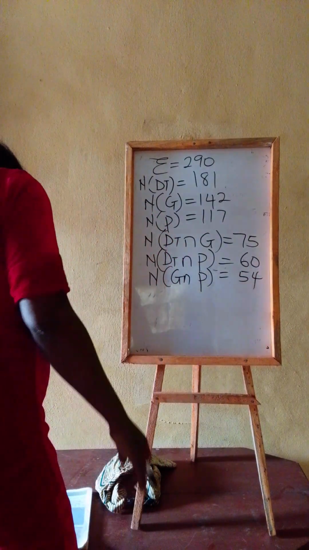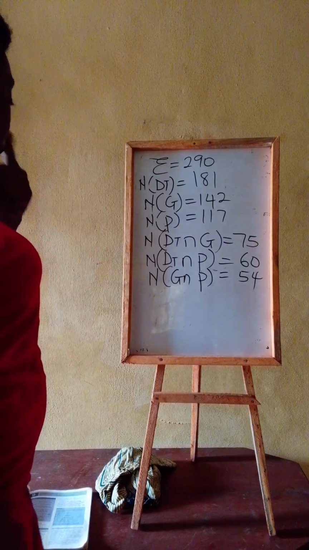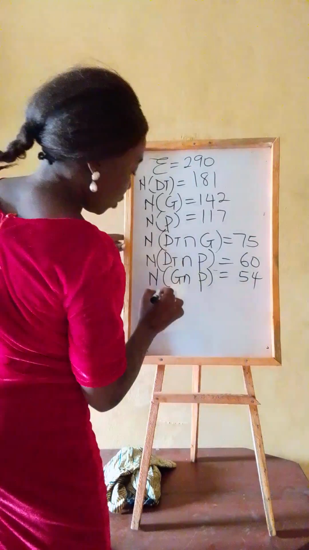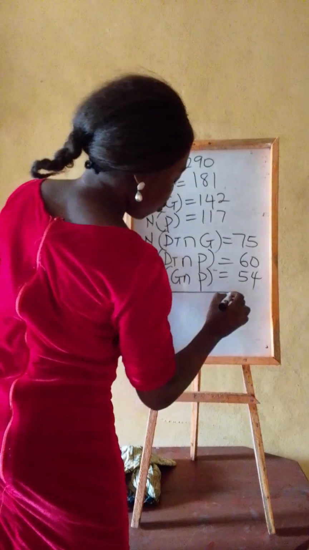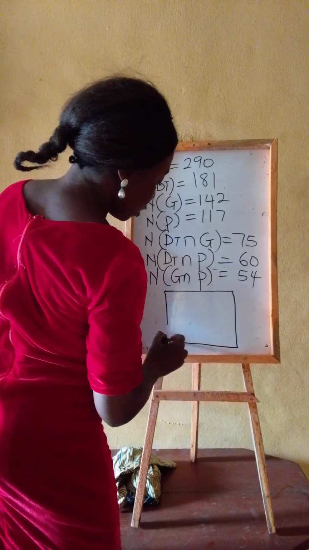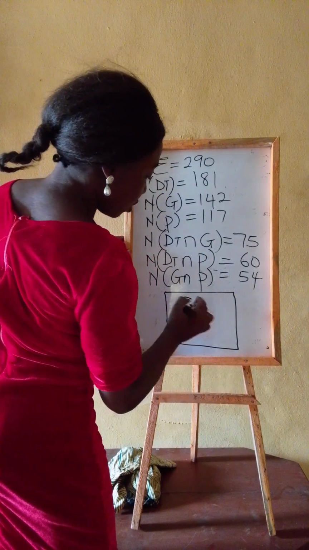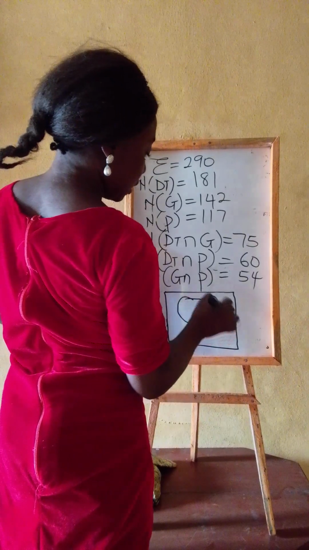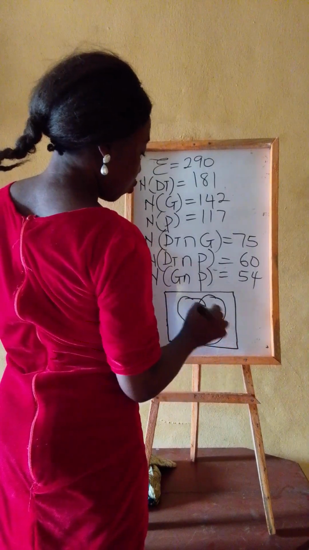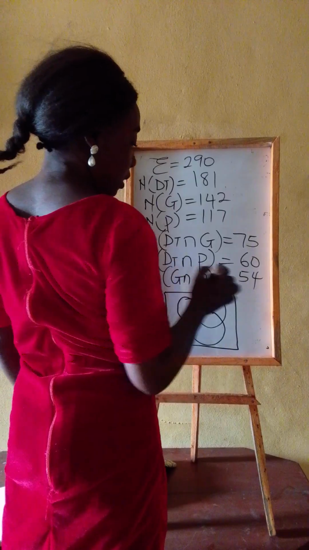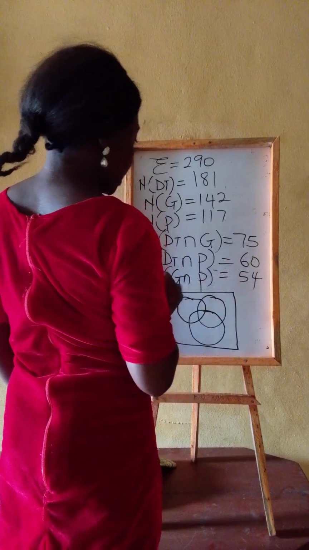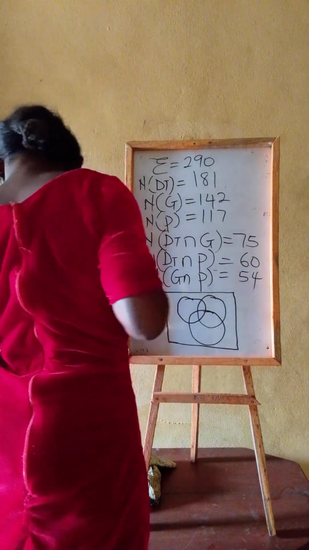So we have to illustrate it in a Venn diagram. So you draw a rectangle box. Immediately you draw a rectangle box, you use a circle to represent each newspaper.